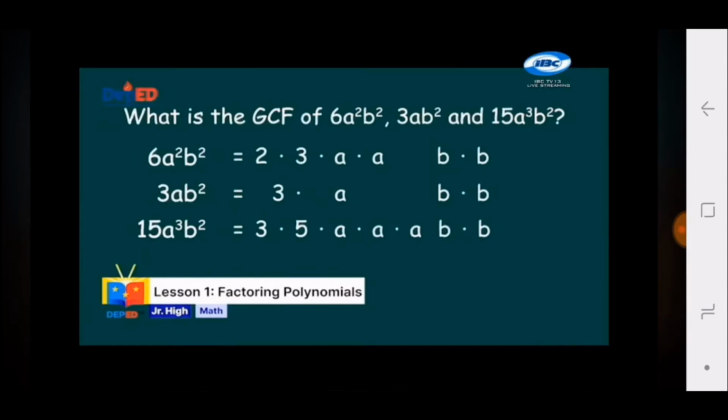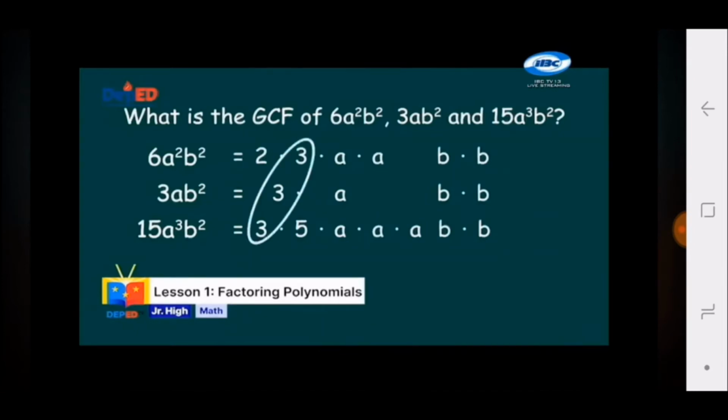How about 3ab squared? 3ab squared is just 3 times a times b times b. Note that we use two variables here, so it can be helpful to separate them in our solution. Then we have 15a cubed b squared. This monomial can be written as 3 times 5 multiplied with a times a times a multiplied with b times b because of the indicated exponents.